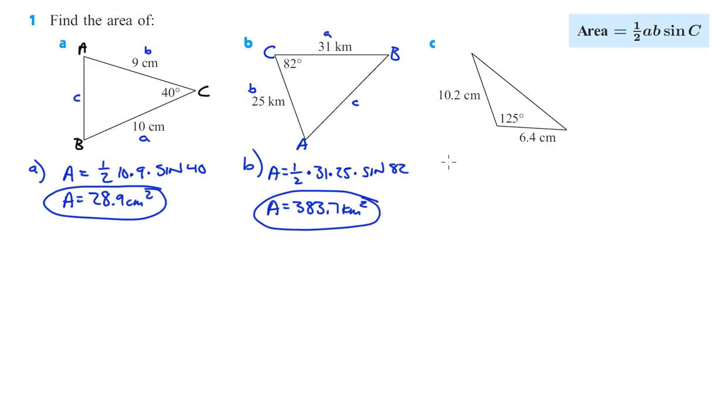Okay, with C, I'm not going to draw my letters in there, and I'm just going to go straight to the area formula. So we got area equals, because we have two sides, and those two sides make up that angle in between that we know. So it's just going to be these two sides, so we're going to go 1/2 of, let's call it 6.4, times 10.2 times the sine of the angle, sine of 125.